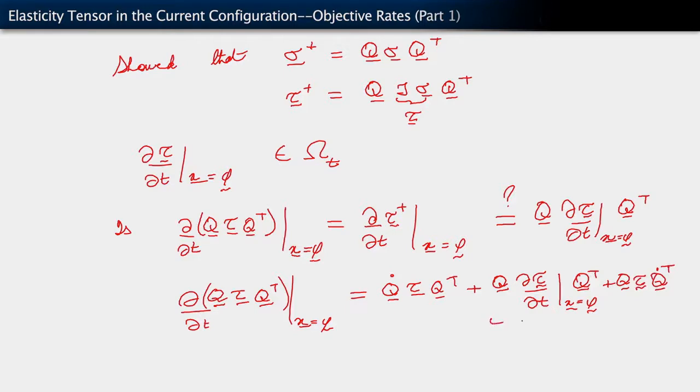So we do get one contribution which looks the way we would expect. That contribution does look like an objective transformation. But unfortunately, that's not the whole story.